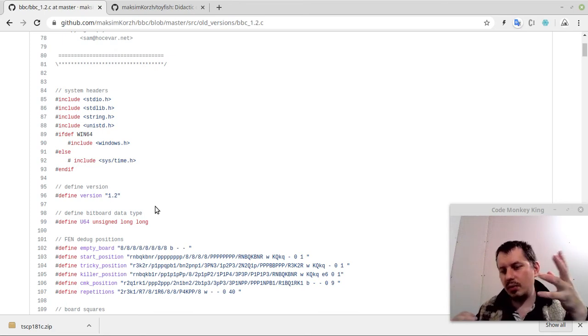It's used in order to generate attacks for sliding pieces, and this code is derived from Tord Romstad's code. Tord Romstad is the author of Stockfish, and he has a code snippet on the Chess Programming Wiki, and that code snippet actually strips out the core of Stockfish that is responsible for generating these slider piece attacks.